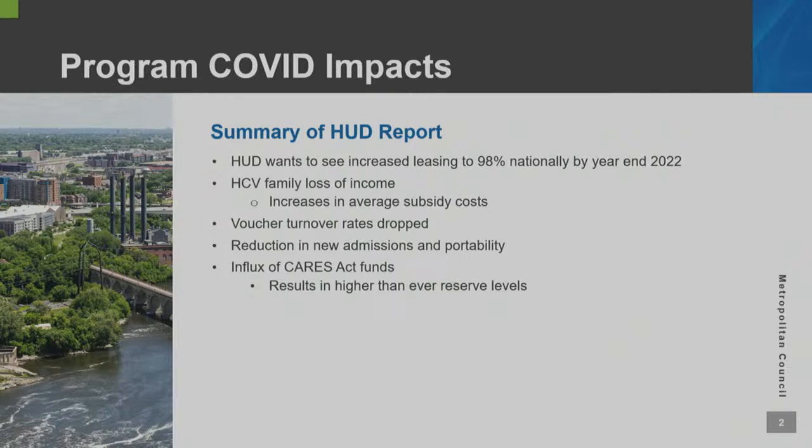There was a reduction in new admissions, so people coming off the waiting list and moving into housing for the first time in the voucher program, and a reduction in portability. And I shouldn't have used that term because that's a housing authority term, but it's just the act of people moving around with their voucher to different service areas. So people just weren't moving around during COVID. And then the influx of CARES Act funding, which is true for us as well, resulted in higher than ever reserve levels at the end of 2020.